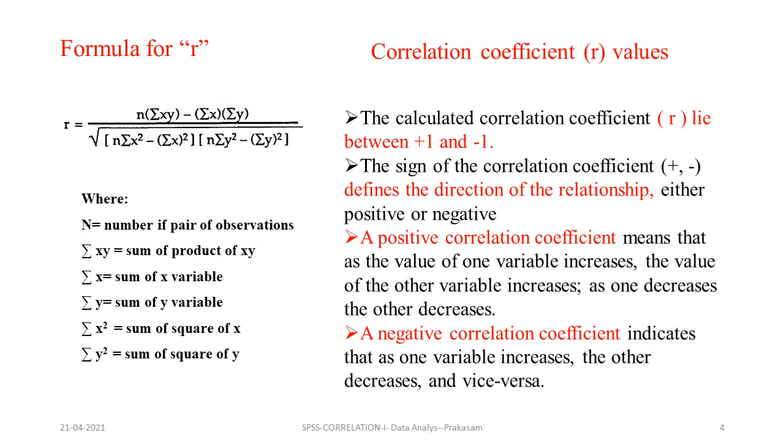The formula is here: small r equals n sum of xy minus sum x multiplied by sum y, divided by the root of n sum of x square minus sum of x whole square, multiplied by n into sigma y square minus sum of y whole square, where n is the number of pairs of observations and sigma xy is the sum of product of xy, sigma x is the sum of x variable, sigma y is the sum of y variable, sigma x square is the sum of square of x values, and sigma y square is sum of square of y variable.